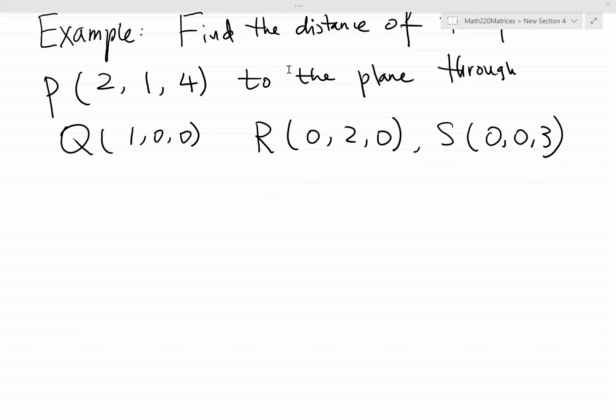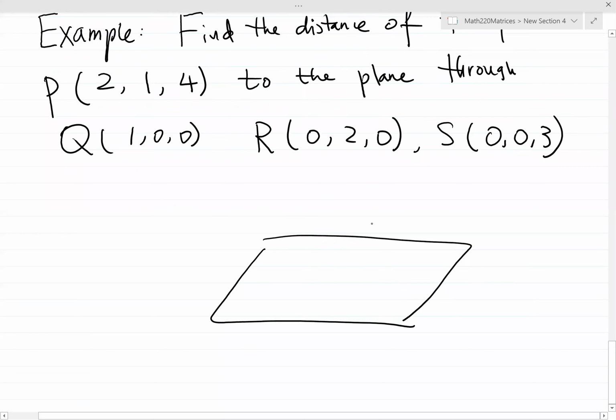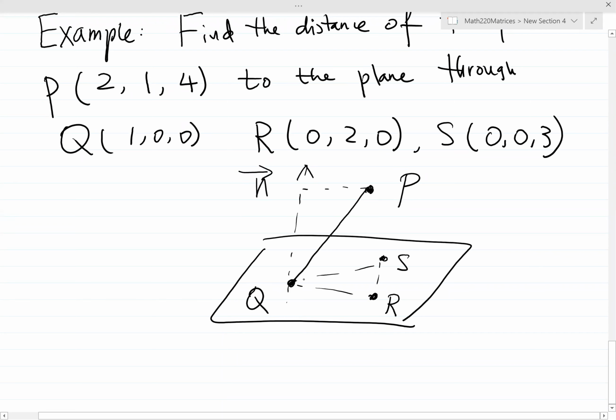We use this idea. Those three points determine the plane. Suppose we have a plane, and we have point P outside of the plane. Suppose we have a point Q. These three points Q, R, S determine the plane, and then determine the normal direction N. Then find the projection of QP onto the normal direction.